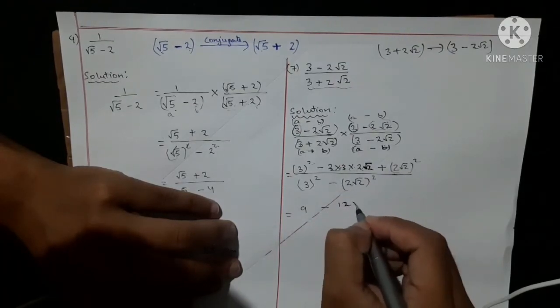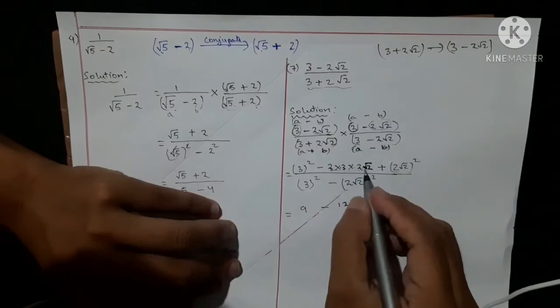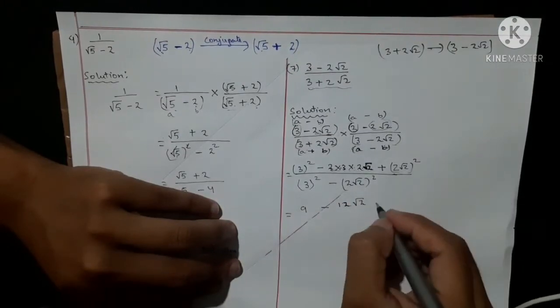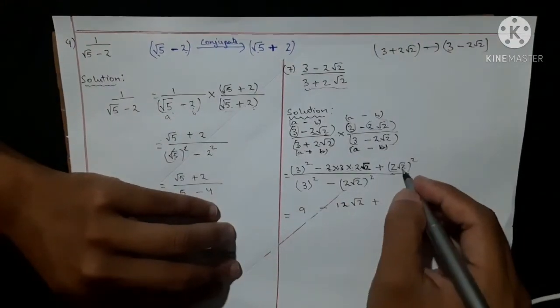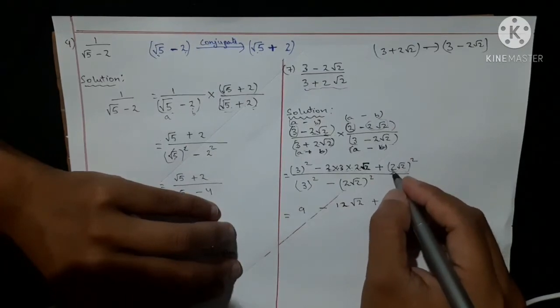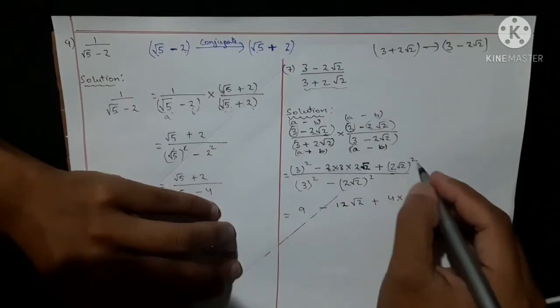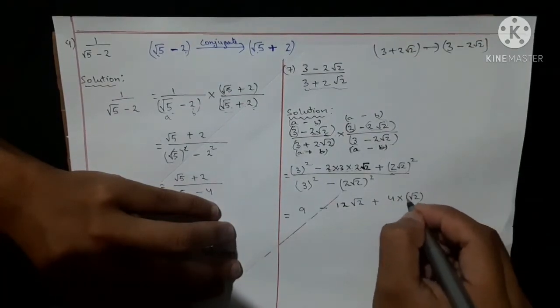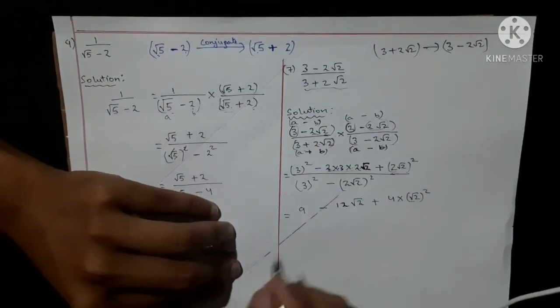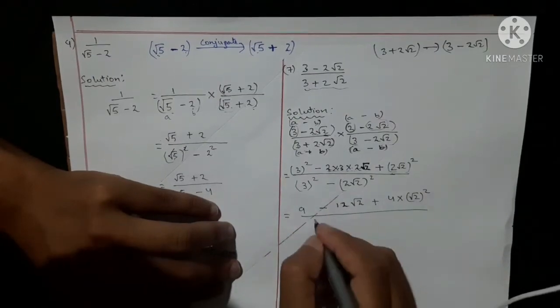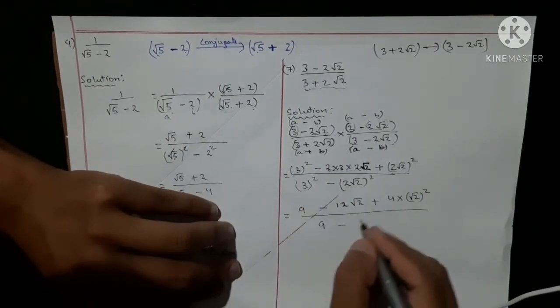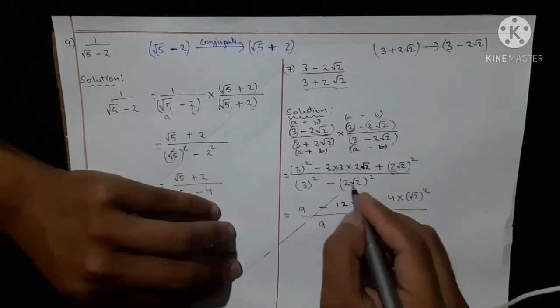The square root 2 we just write, 12 square root 2, plus. And here what do we have? 2 square equals 4 multiply square root 2 whole thing square.